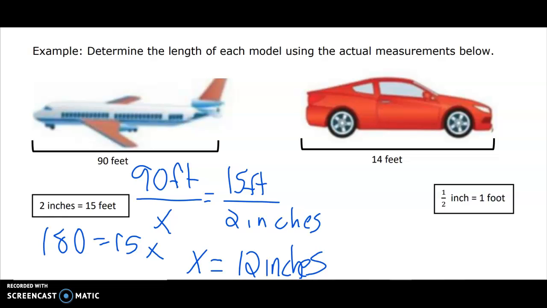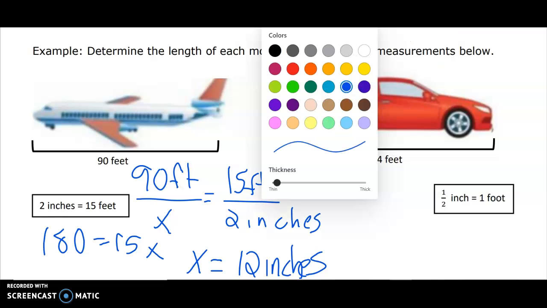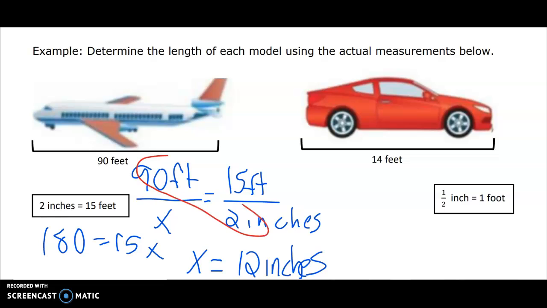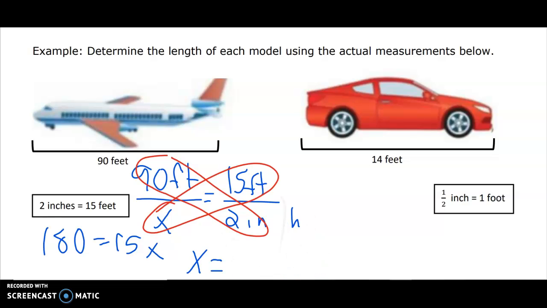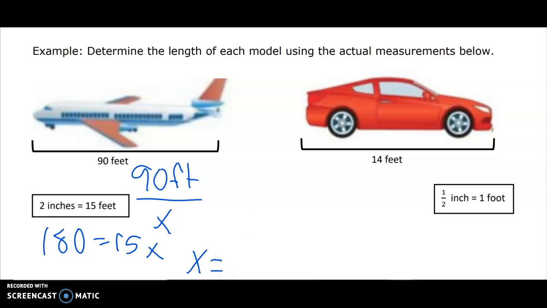So when I am doing this, I multiply here by here, and I multiply here by here, and set the equation. Okay, my car, let me erase this so I have some room for my car.